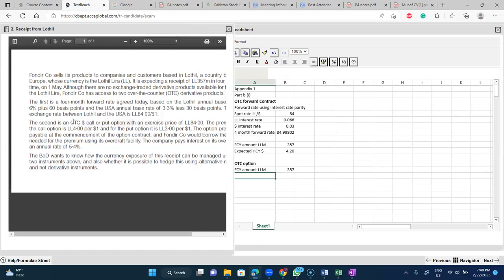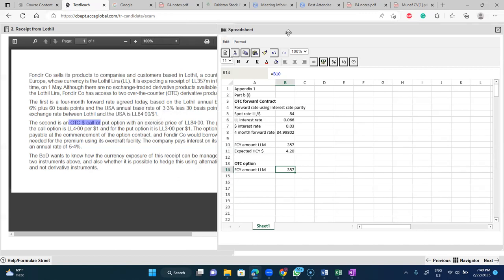It's a dollar option. So we are receiving LL, so we will be selling the LL and buying the dollars. Guys, OTC option is priced in dollars. OTC dollar call or put option, right? OTC option is in dollars. So as the receipt is in lira, we will sell the lira and buy the dollars. So it's a dollar call option.